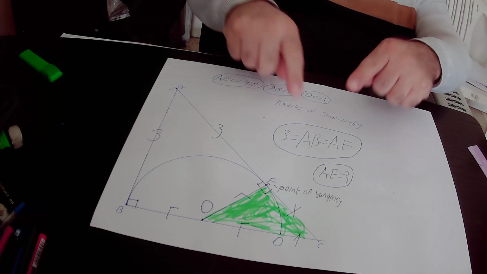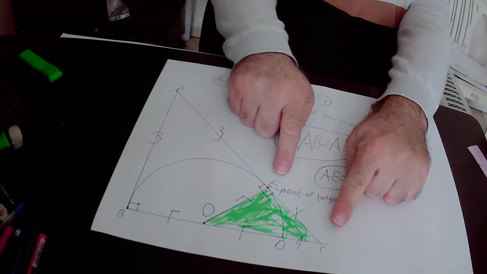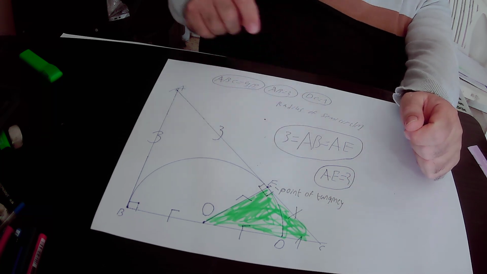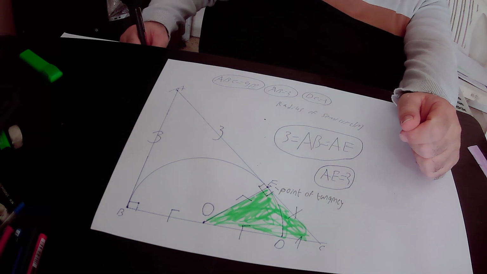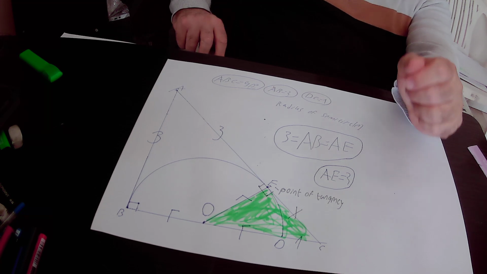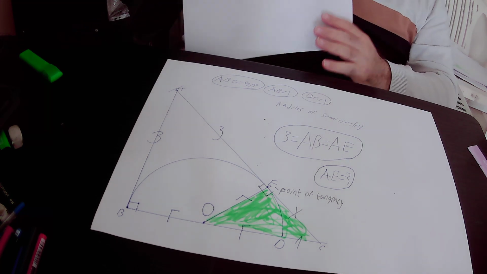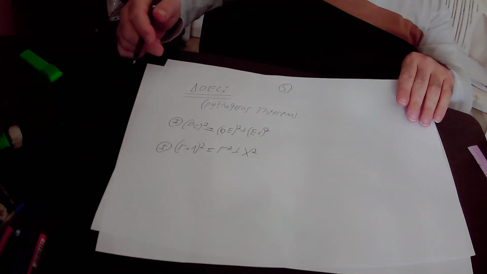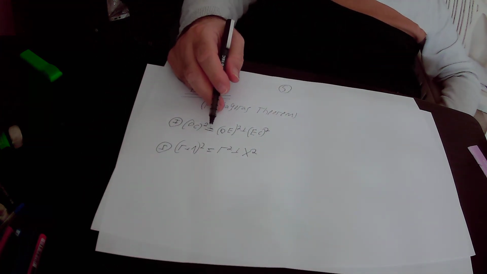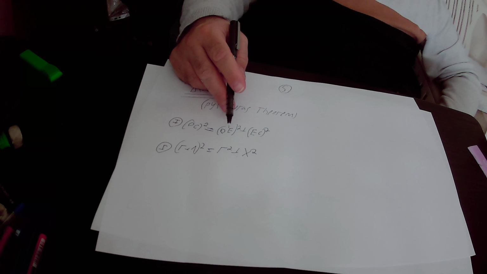EC equals X, so EC square will be equal to X square. So in total we got that R plus 1 square equals R square plus X square.